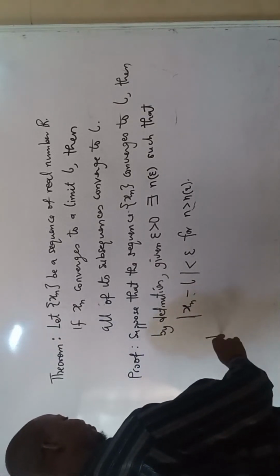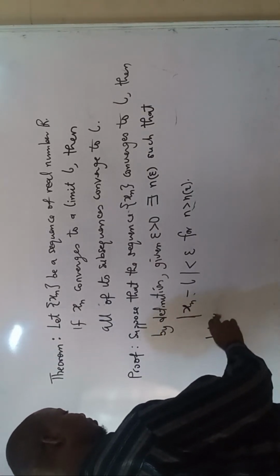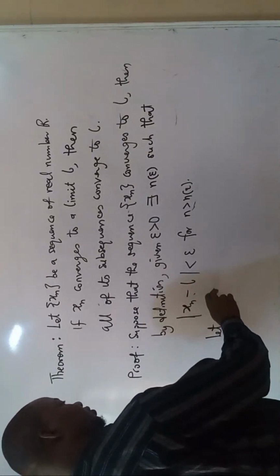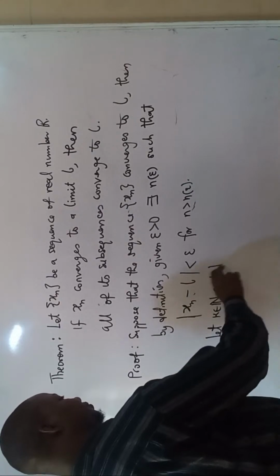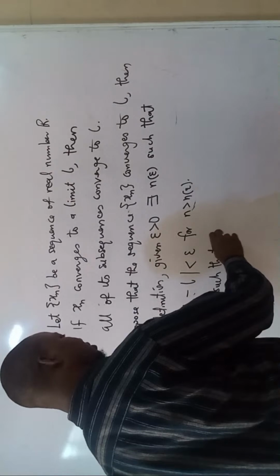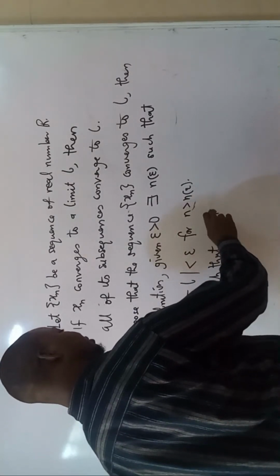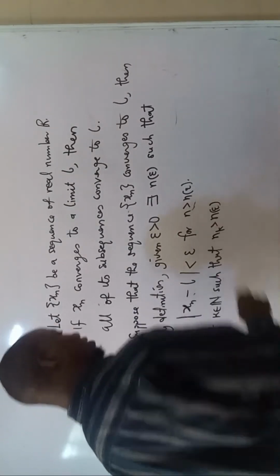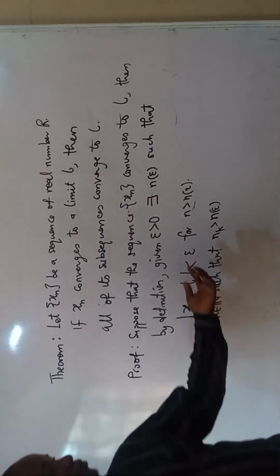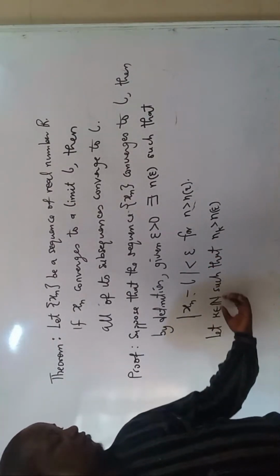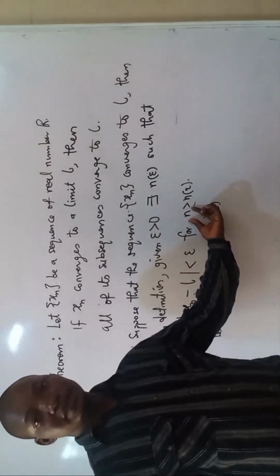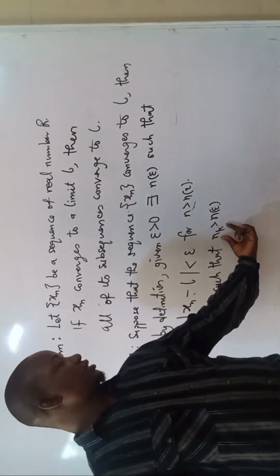We select k belongs to n such that nk is more than n itself. This k is an integer from the natural numbers, and what we are trying to do is to replace this n with nk.